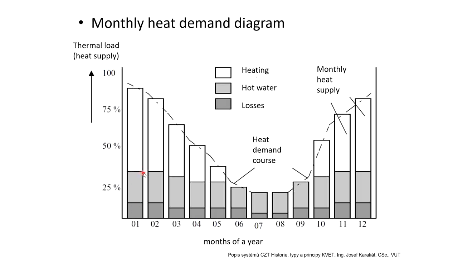As we are moving towards the summer, the heating demand goes lower up to the point where heating is no longer required over the summer, and there is just required hot water, and there are some losses in the system. And then again, as the heating season starts, there again starts to be demand for the heating, and also in winter there is a little bit higher consumption of the hot water than in the summer.